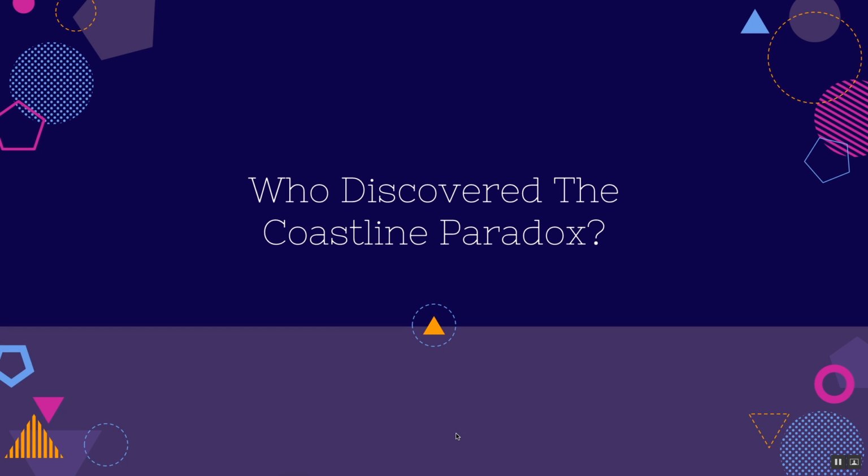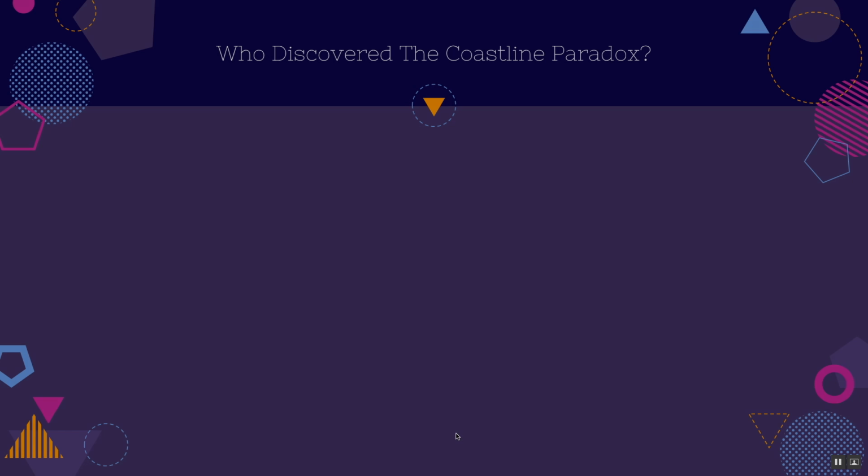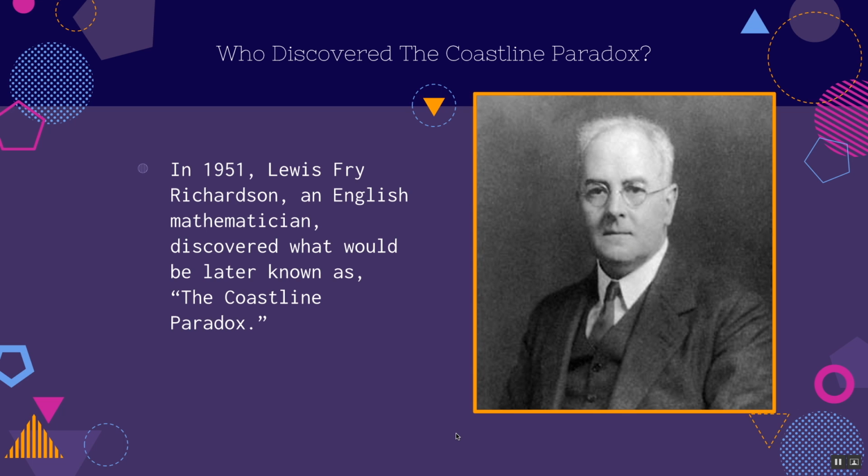Who discovered the Coastline Paradox? In 1951, Lewis Fry Richardson, an English mathematician, discovered what would later be known as the Coastline Paradox.